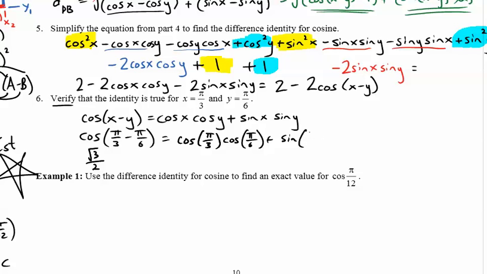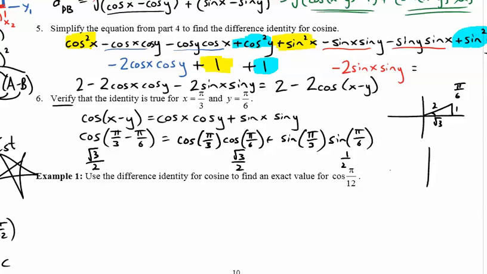So sine x is sine of pi over 3, and sine y is sine of pi over 6. Now I'll use my special triangles. Pi over 6 is 30 degrees. That's my 1, 2, root 3 triangle. So the cosine of that one is root 3 over 2. And the sine of that angle, this is my pi over 6 angle, is 1 over 2.